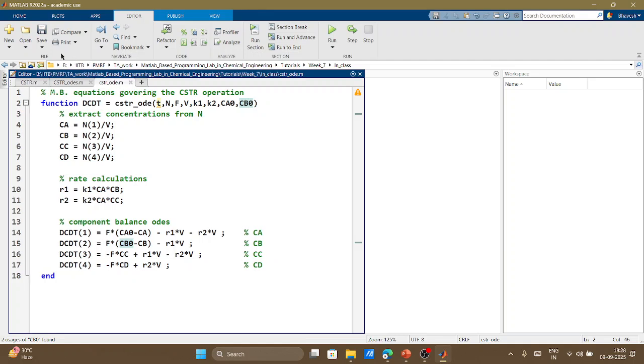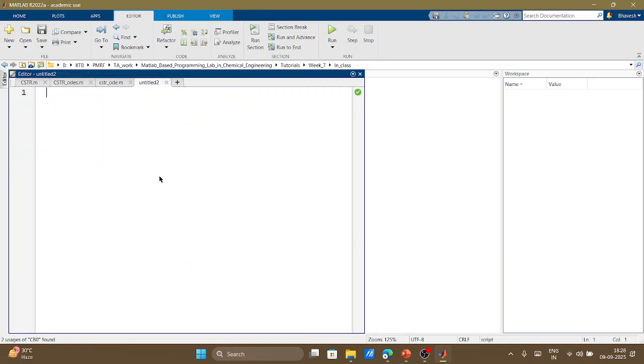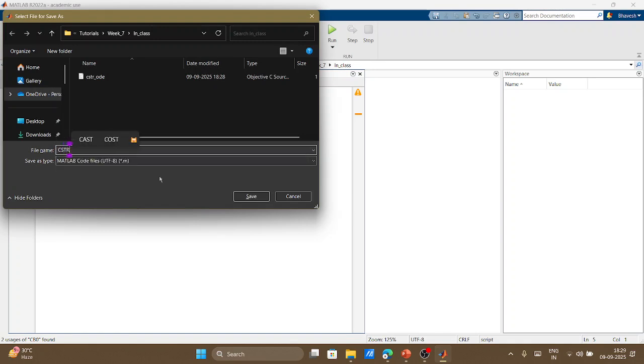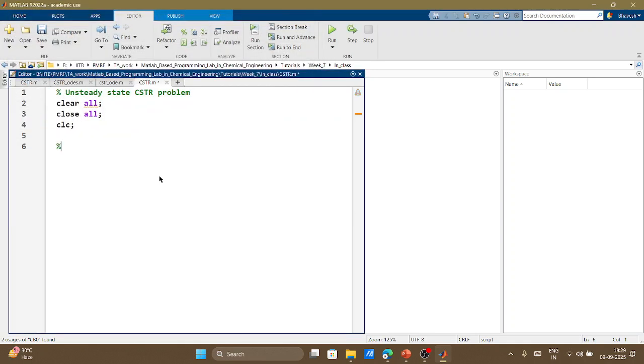This is our function. Now let's create the main function to solve the unsteady state CSTR problem. It's always good practice to remove previous variables and close all the previous files, right? Now the given data for the CSTR.